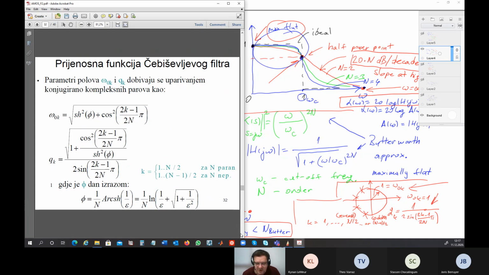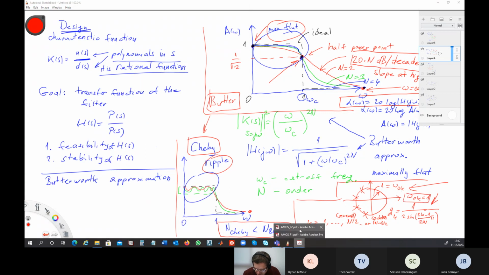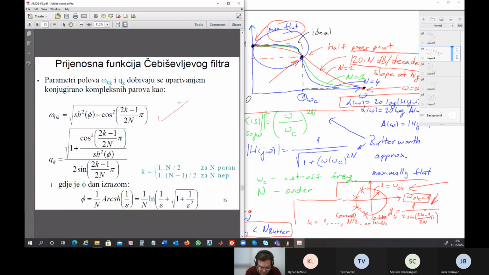If you want to calculate the poles of the Chebyshev filter, you have again equations. But this time it is not omega equal to 1. It is equal to some value, which is different than 1 because it is not on the unity circle, it's on the ellipses. And of course, here you have expression for calculating of pole Q's. And this phi is useful for the calculating of ellipses arms.